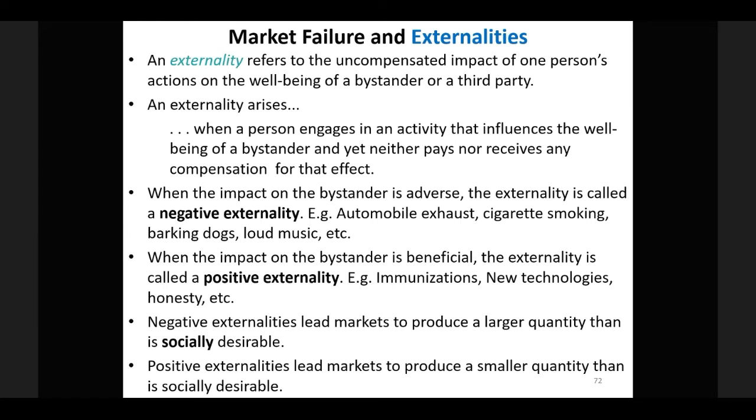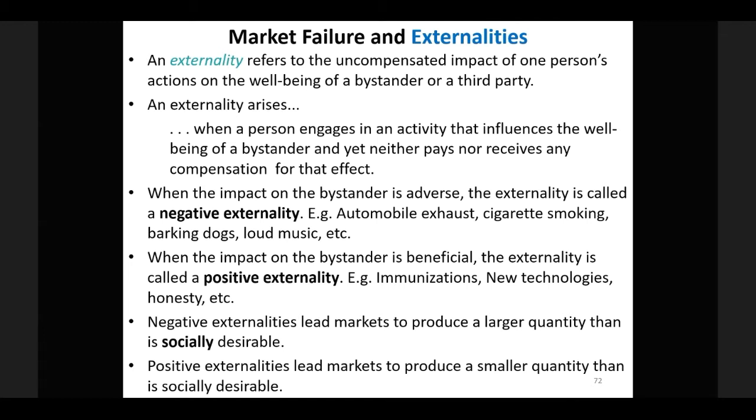Again, we can say that externality arises, I'm talking about bullet point 2, when a person engages in an activity that influences the well-being of a bystander, and yet neither pays nor receives any compensation for that.